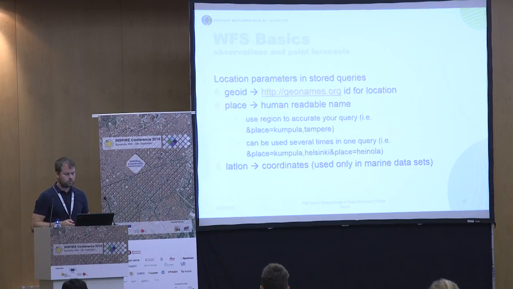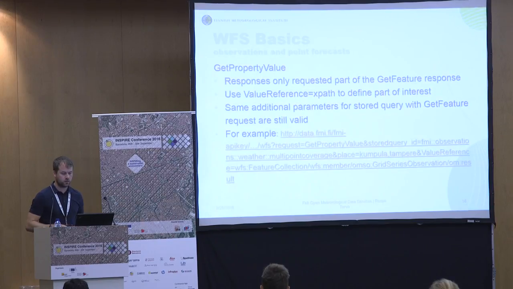So, what if you only want to get just some specific bit of the response? Well, then you can use get property value, so that you can only get some part of the get feature response. And here you can use XPath to define the actual path in the XML to what you want to get.